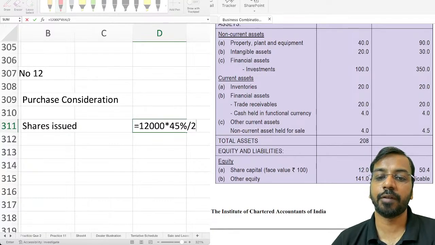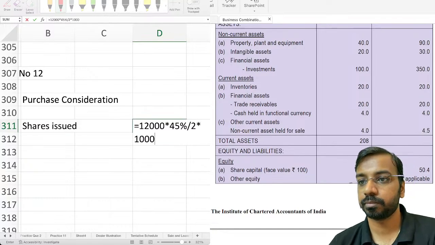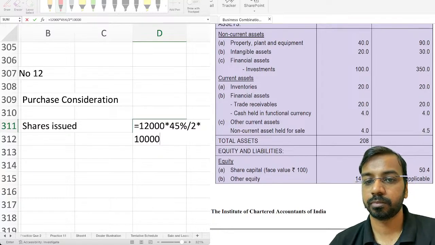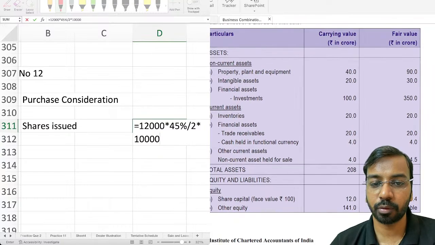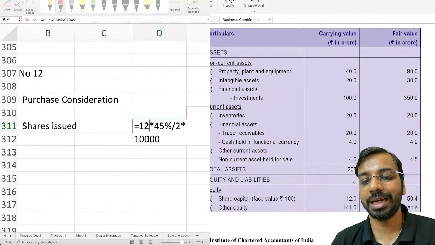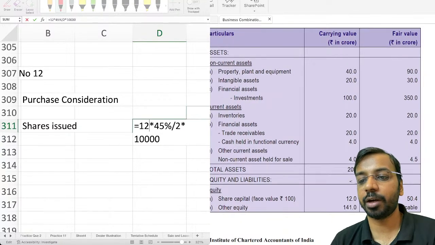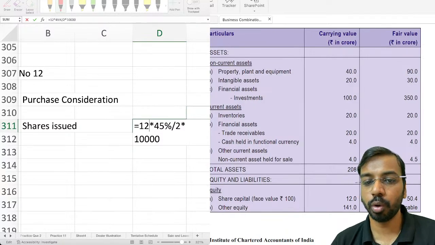So 12,000 into 45% divided by 2 into 10,000. So it's in crores, so I'll take only 12. 12 crores into 45% divided by 2.